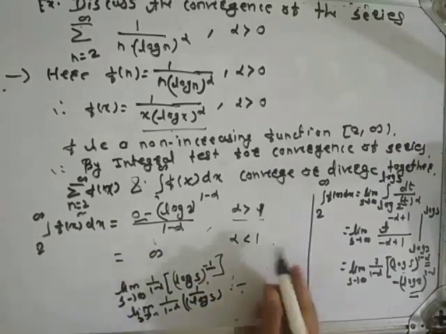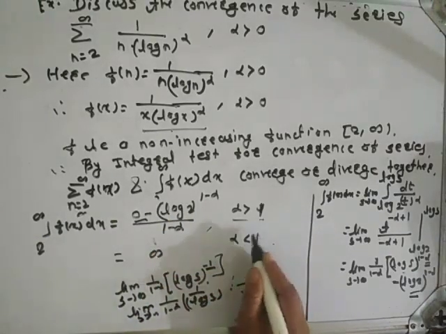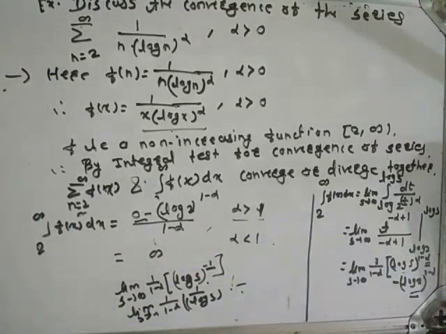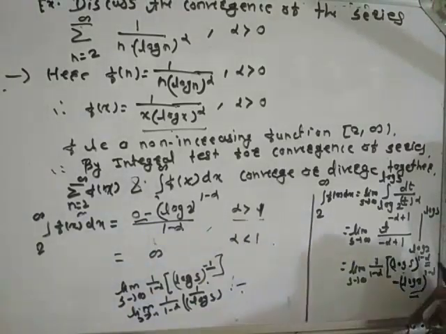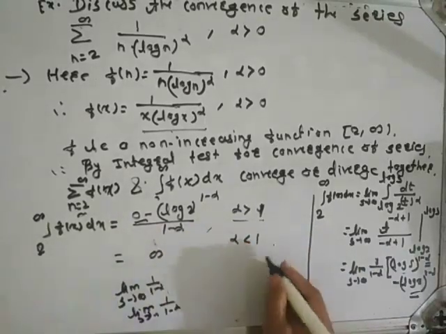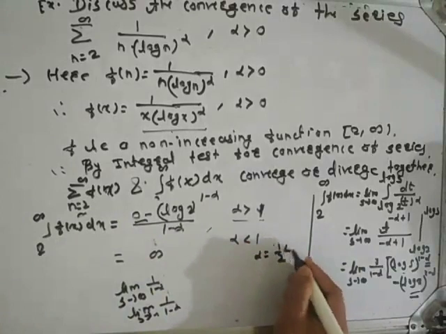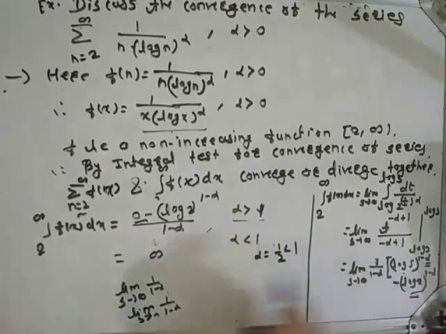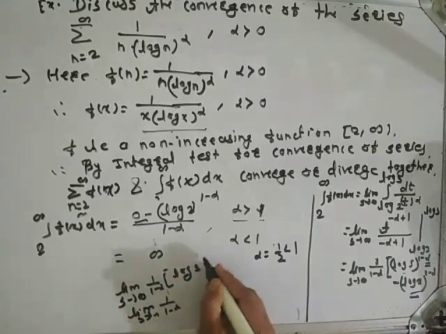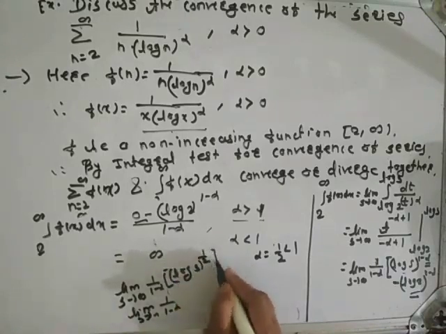Now see what happens if alpha is less than 1. Suppose we choose alpha equal to 1 by 2, which is less than 1. Here we will get log s raised to 1 minus 1 by 2, meaning only 1 by 2.